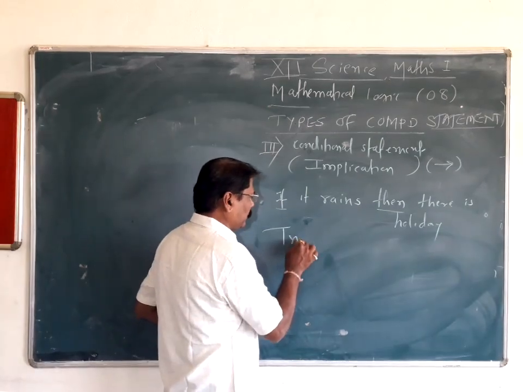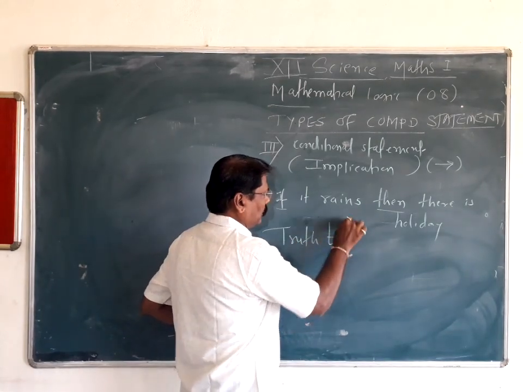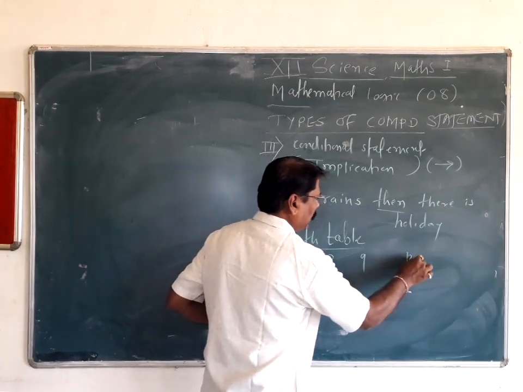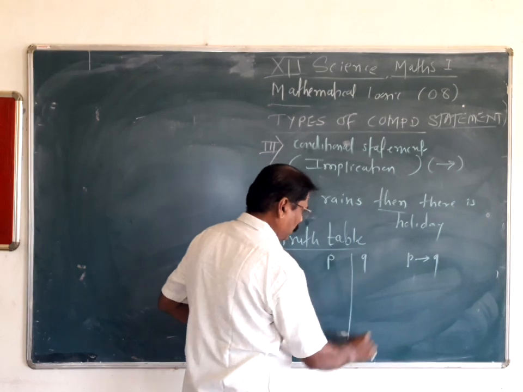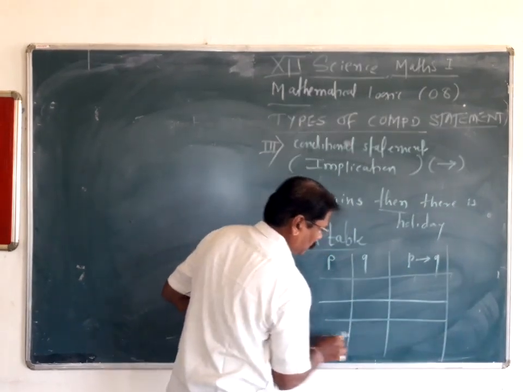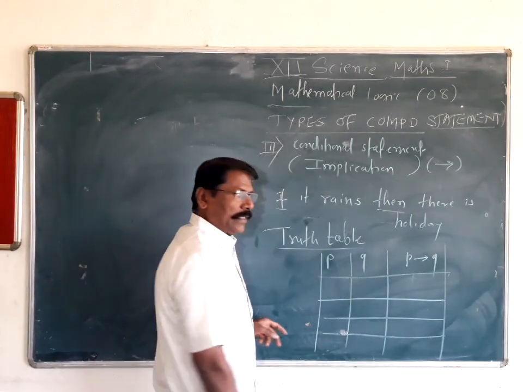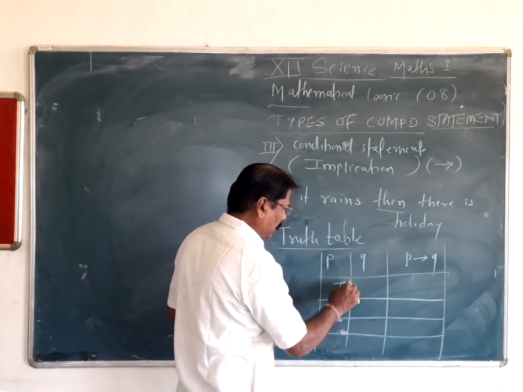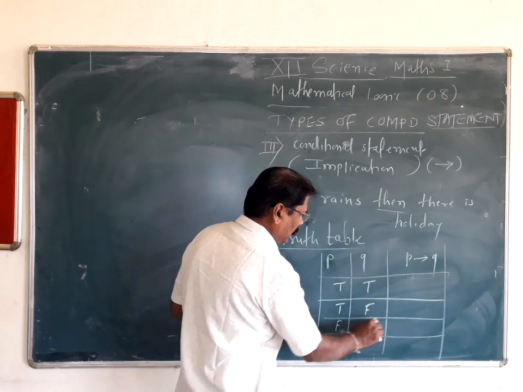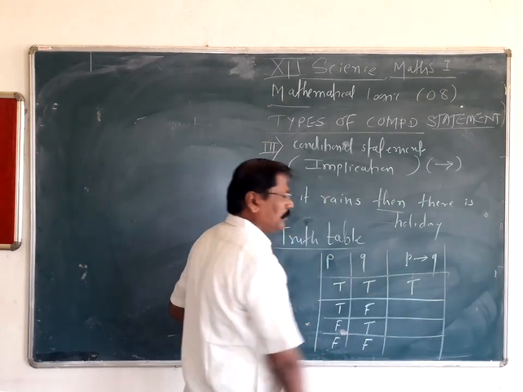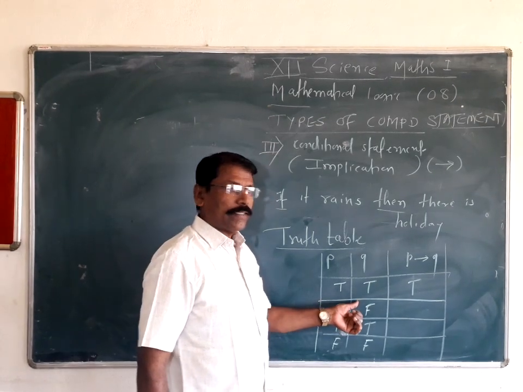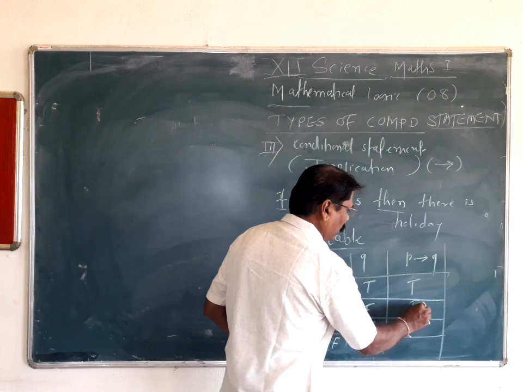Truth table. P, Q, P implies Q. Since it is a condition, T, T, T; T, F, F; F, T, T; F, F, T. If the condition is true and the consequent is false, then the whole statement is false.